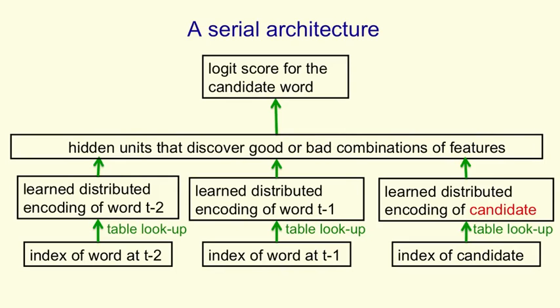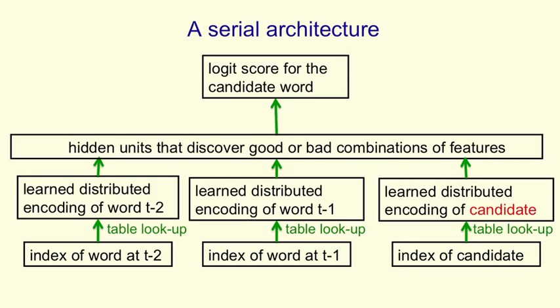We put in the context words as before, but now we also put in a candidate for the next word in the same way as the context words. Then we go forwards through the net, and what we output is a score for how good that candidate word is in that context. Of course, we have to run forwards through this net many times, but most of the work only needs to be done once.